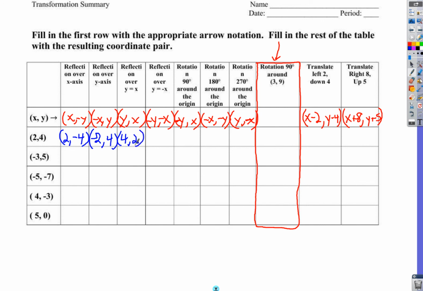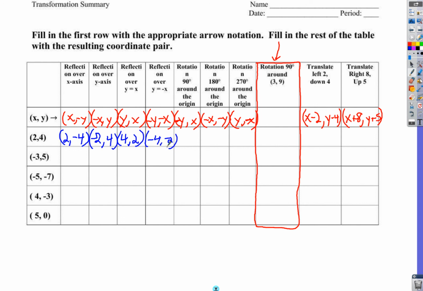What if I get 2, 4 and I flip it over y equals negative x? -2 and 4. Who said that? Lily said that? Good. -4, -2, because they both flip and they both coincide.